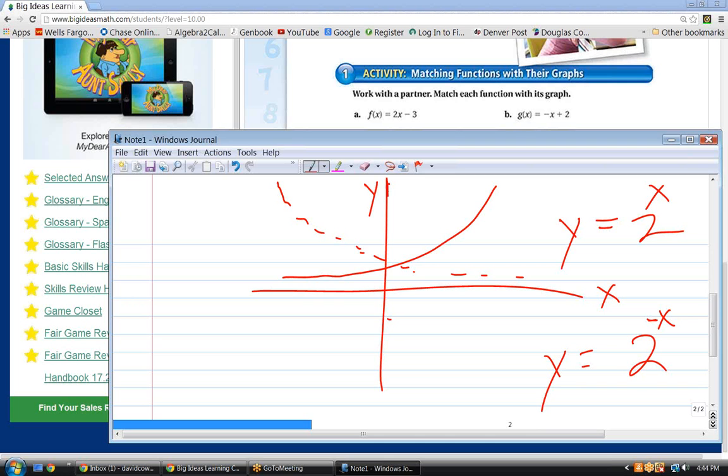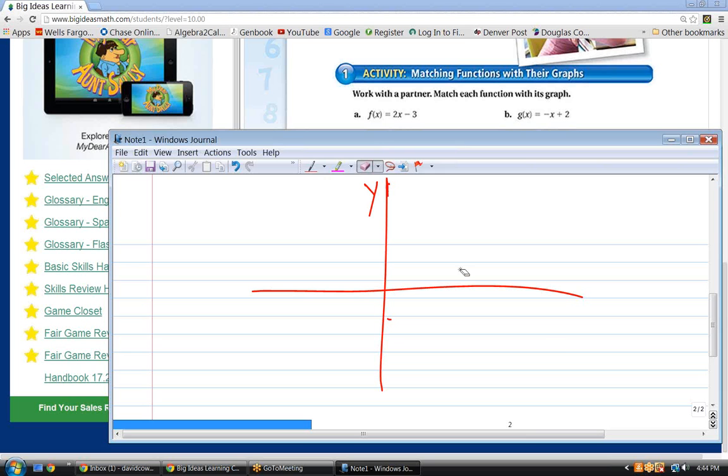Well, there's a reflection about the origin. In other words, that's called an odd function, which is symmetrical about the origin. And let me show you one of those.